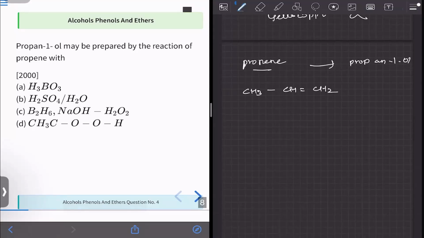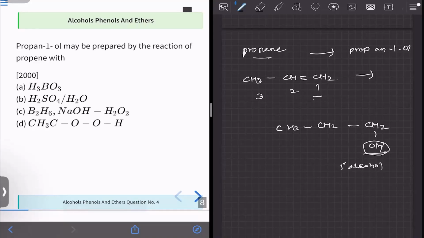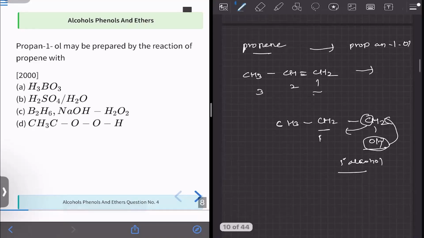So propene will be 1-propene: 1, 2, 3, at the first position we have the double bond. They need 1-propanol, CH3CH2CH2OH. This is a primary alcohol because the hydroxyl group is attached to the carbon which is attached to only one carbon. That's why it is a primary alcohol.